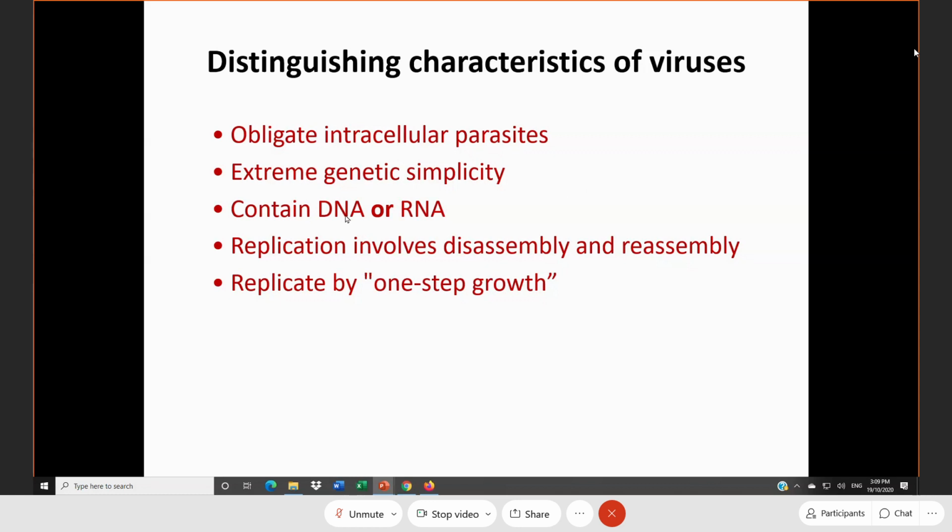So that's why virus replication involves disassembly and assembly, and replication by one step growth. This one I will explain later, what is one step growth. So replication involves disassembly. When the virus enters, they remove their protein.